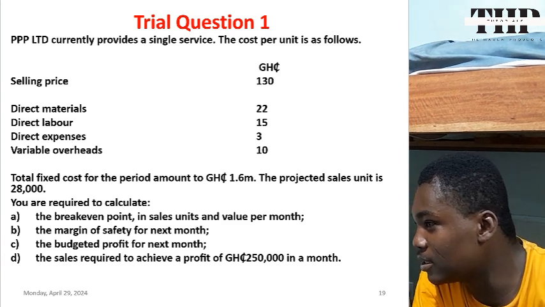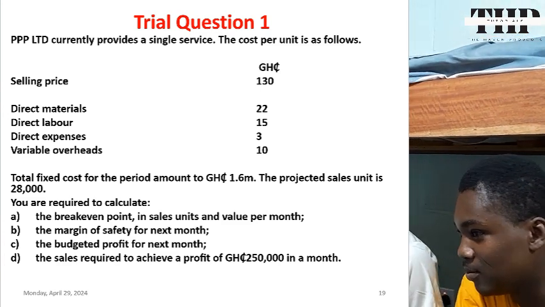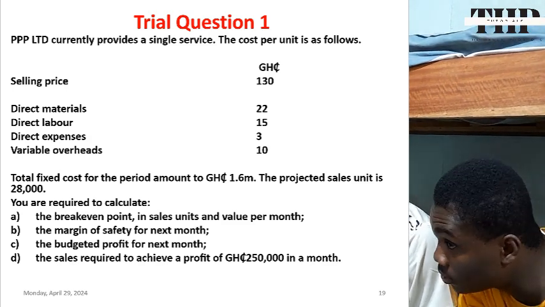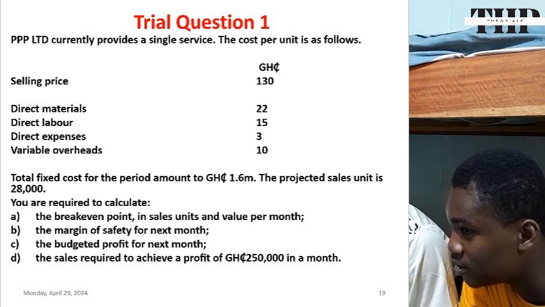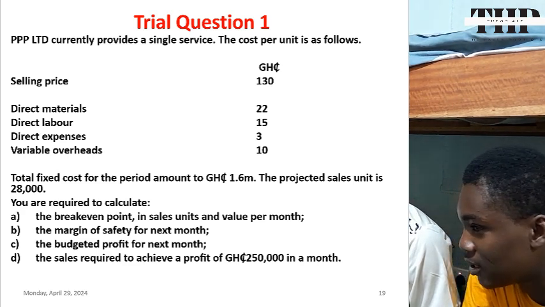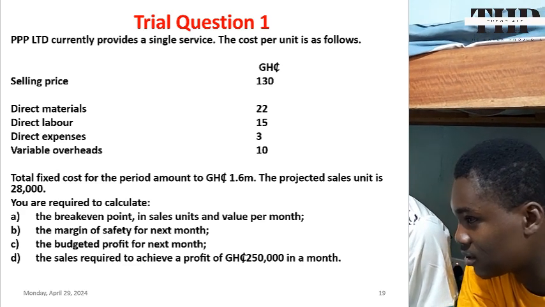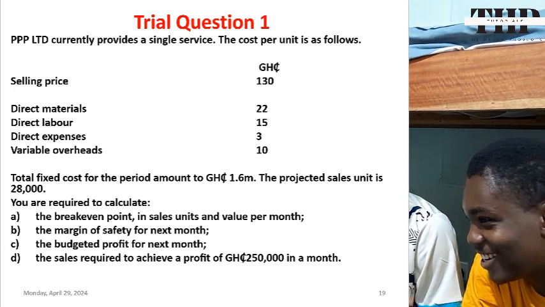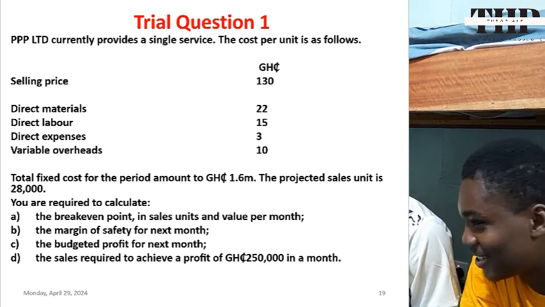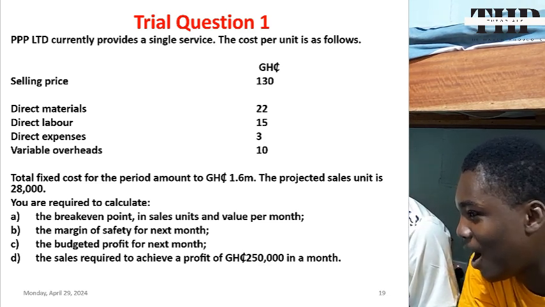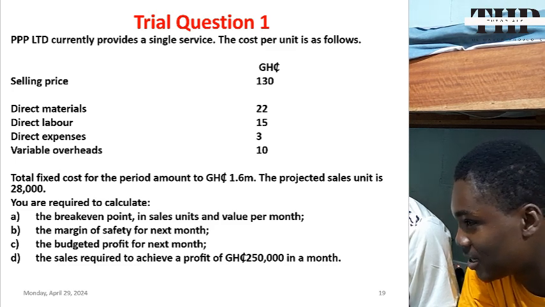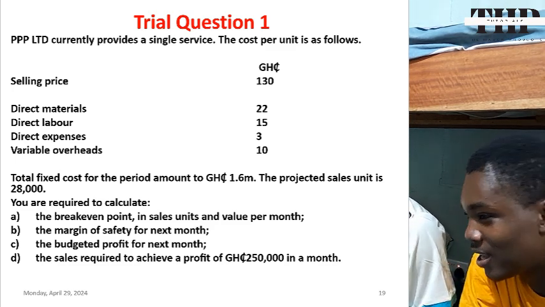The cost per unit is as follows: selling price 130 Ghana cedis, direct materials 22 Ghana cedis, direct labor 15 Ghana cedis, direct expenses 3 Ghana cedis, variable overheads 10 Ghana cedis. Total fixed cost for the period amounts to 1.6 million Ghana cedis. The projected sales unit is 28,000.